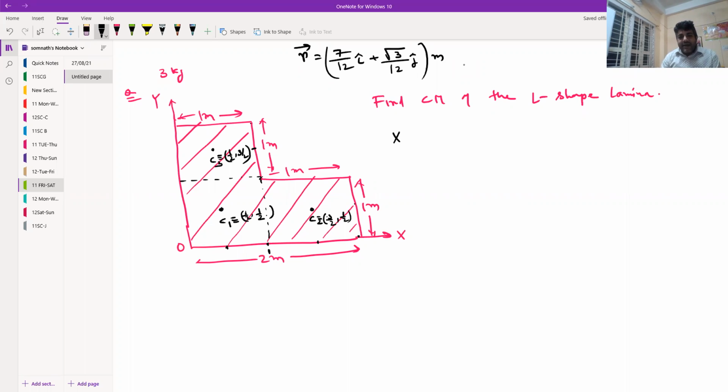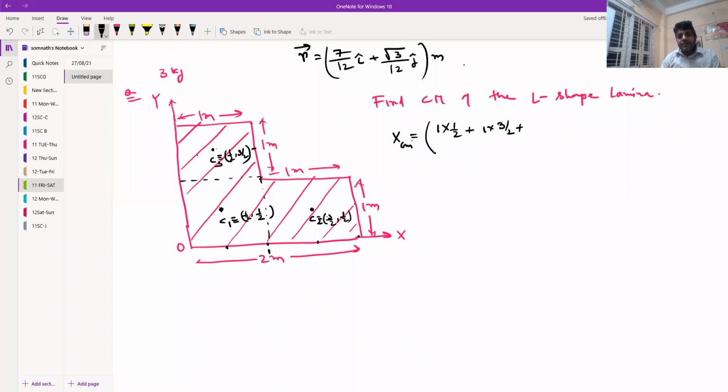So what about my x center of mass? X center of mass is, overall it's 3 kg, so I can suppose 1 kg, 1 kg, 1 kg. So if we start from this one, C1, the total mass is 1 kg and my x coordinate is half. This one is 1 kg and x coordinate is 3/2.